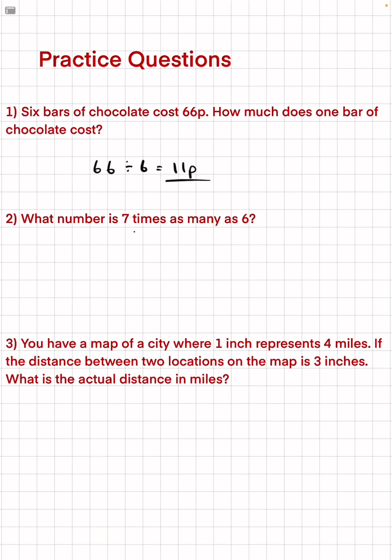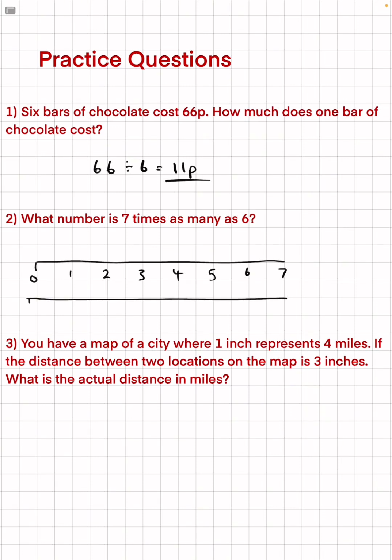Question 2 says what number is 7 times as many as 6? If we use a number line, go up in ones, 1, 2, 3, 4, 5, 6, 7, and draw another number line and go up in sevens, 7, 14, 21, 28, 35, 42, 49.